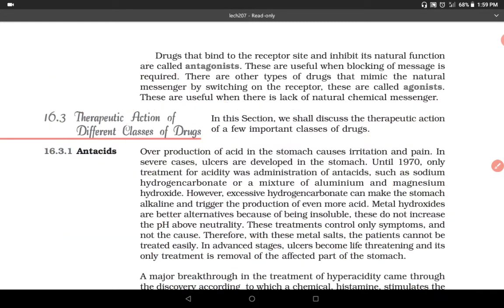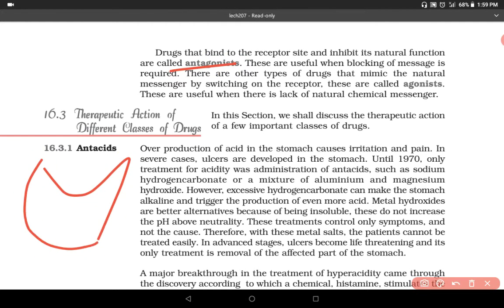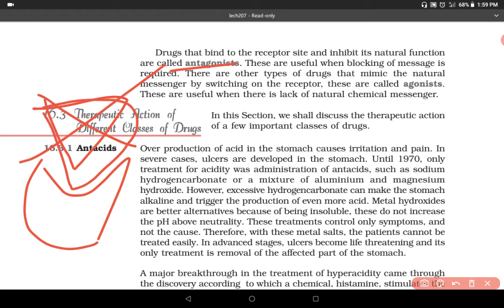Okay, you have to be very careful about the difference between agonist and antagonist. An antagonist inhibits. It means if it is sending some information, it blocks. It enters the active site, but it does not allow the chemical messenger to interrupt or send the chemical message.